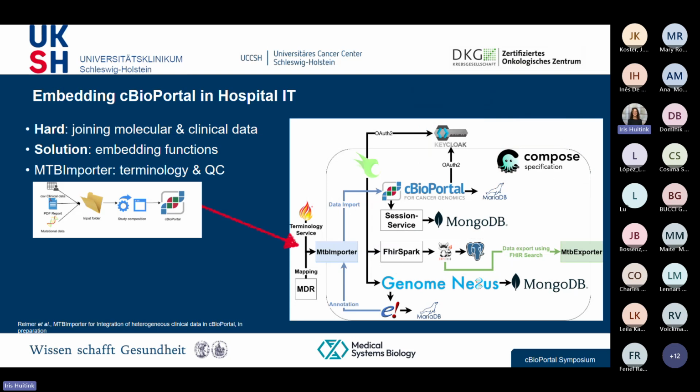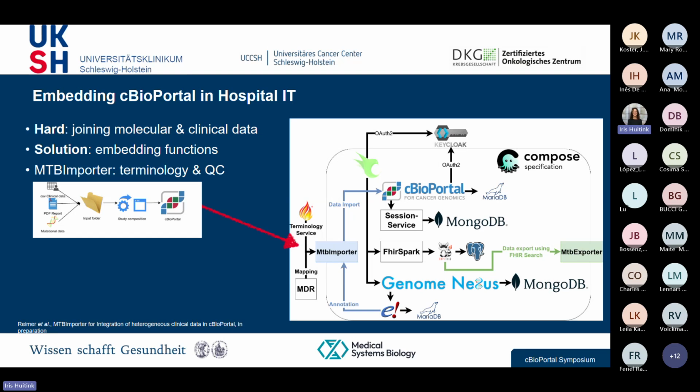And most importantly, we created some tools which we call the MTB importer and also the exporter, as you can see along here. The idea is that we have this heterogeneous data from the clinics. We get CSV files with the patient data. We have PDF reports from pathology and bioinformatics, and we have the mutational data, VCF or MAF files, from the sequencing.